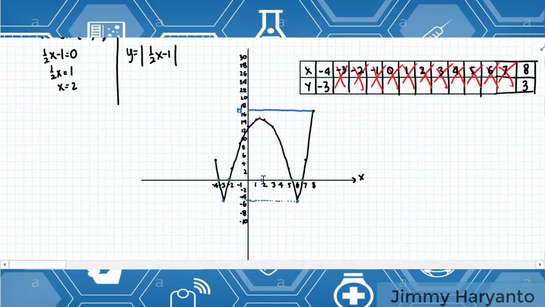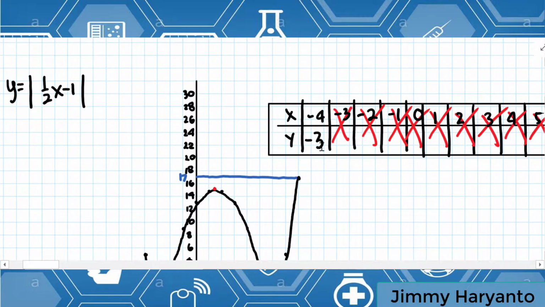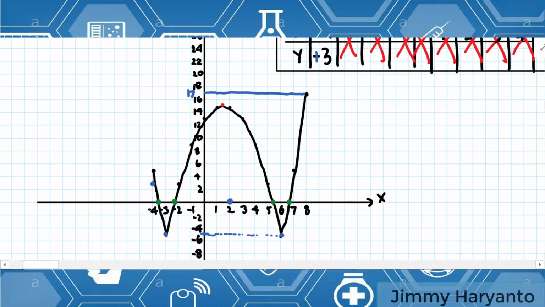And then negative 4, and then plus 3 right here, since it is now absolute, and then for the 8, 3, and then connect the dots like this, and like this, and the other one like that. Nice, that is the graph.